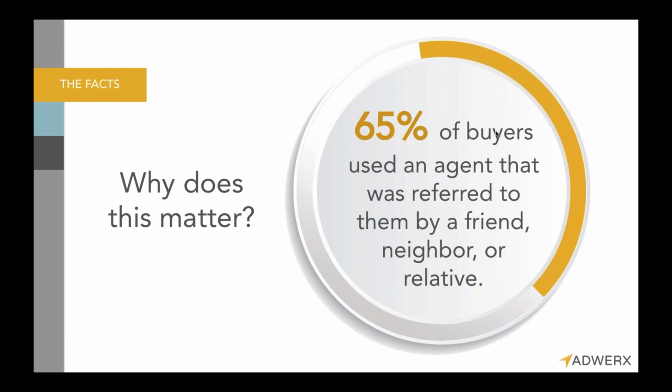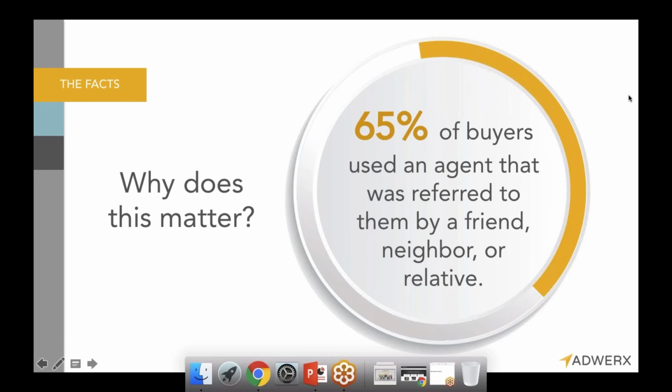The reason why is because that 65% is even higher when you isolate the demographic that everyone tends to love and fear and talk about all the time. I'm talking about millennials.